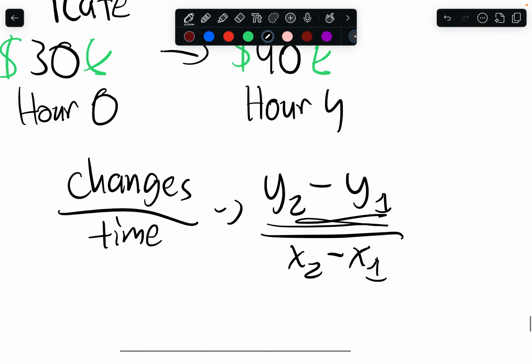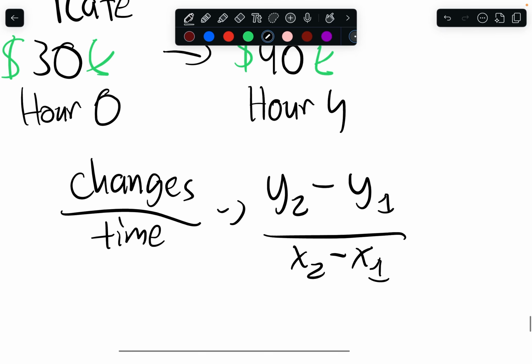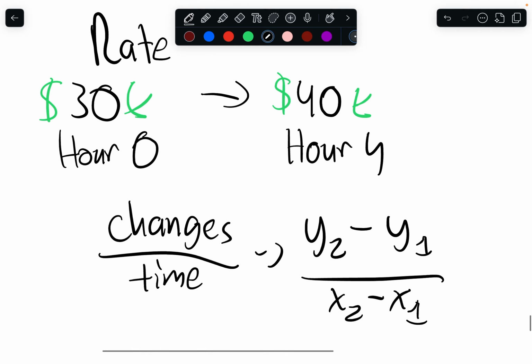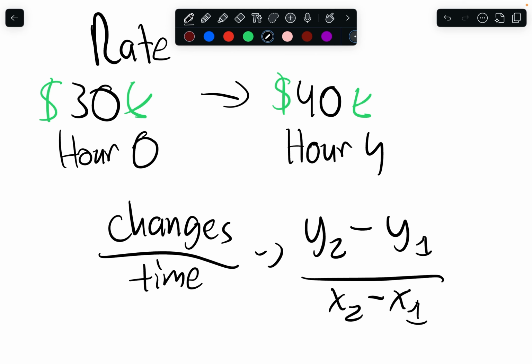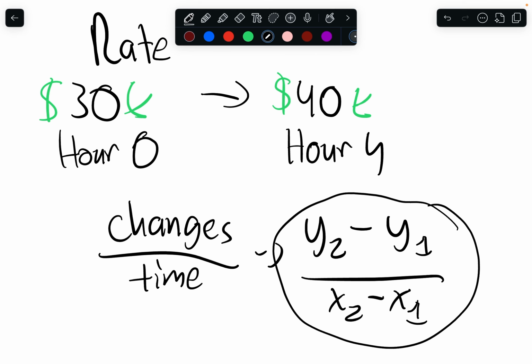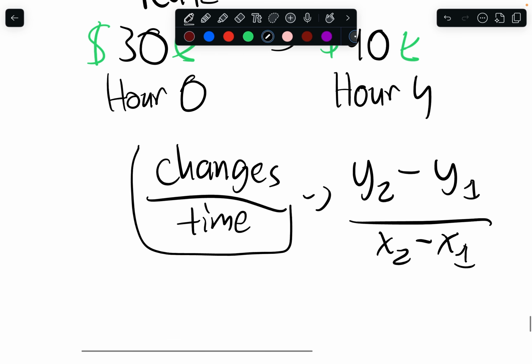This just shows how much the function has changed in value, and this shows how far apart your inputs are. This is basically just saying, how much has my money changed, and how long has it been? This is going to be very important to use later on, so please remember this.